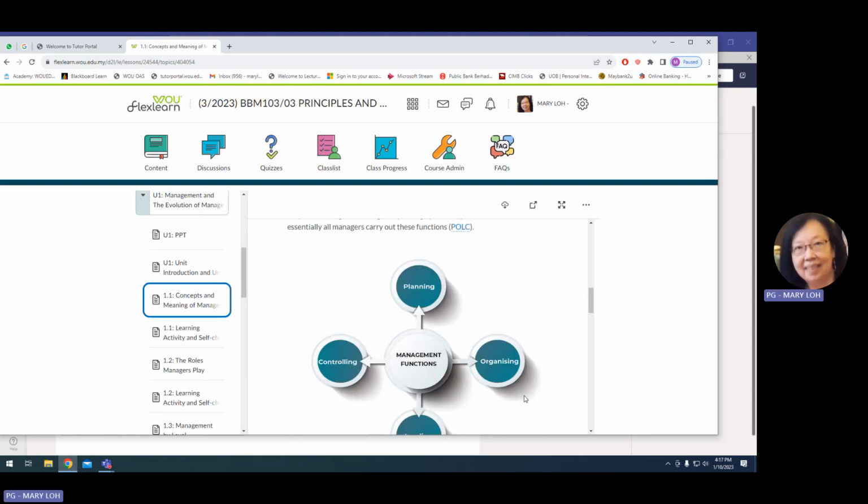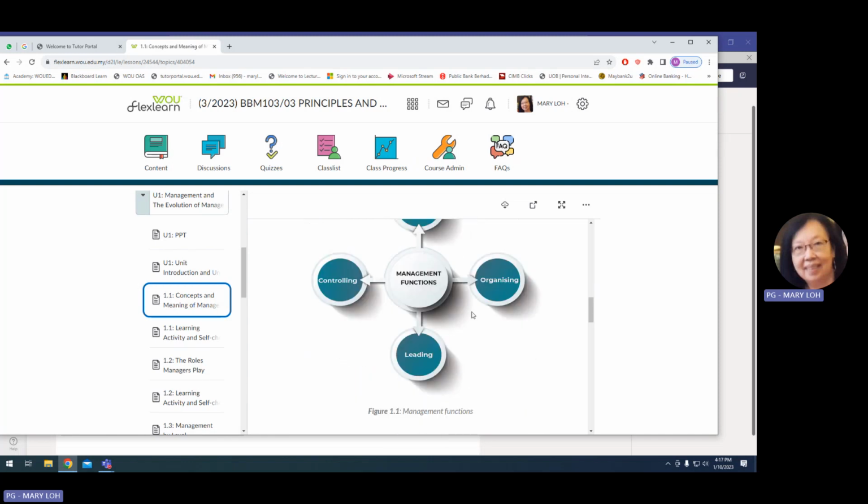For the management functions, you can have a very short introduction to say what are the four functions of management, which are planning, organizing, leading, and controlling. If you want to include a diagram, you can, but it's not really going to earn you any extra marks. It's just a matter of presentation.